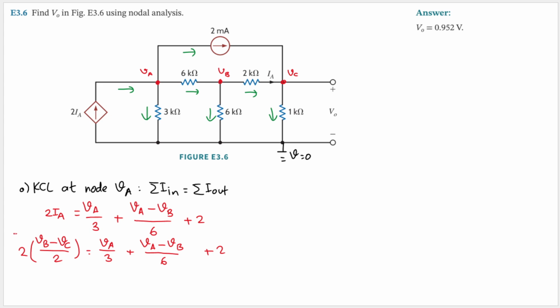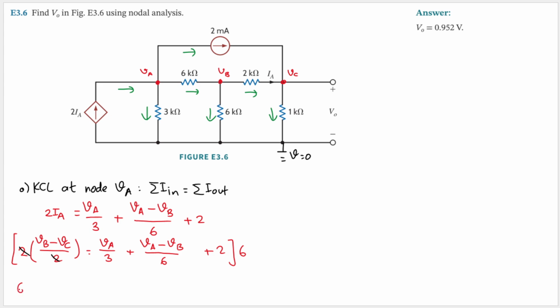Okay, let's get rid of all the denominators by multiplying both sides by 6, right? And what can we do from here? The 2 and 2 will cancel out, but then I will have VB multiplied by 6 and VC also multiplied by 6.